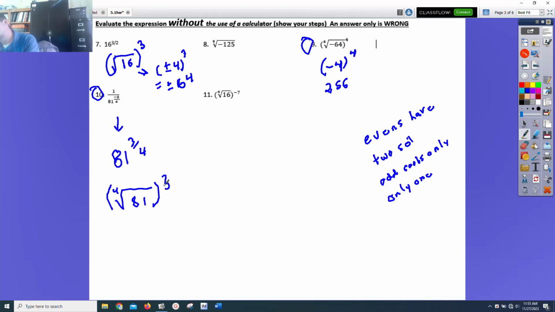Cube that. Because it's a lot easier to take the 4th root of 81 and then cube as opposed to taking the 4th root of 81 cubed. The 4th root of 81 would be a plus or a minus 3. Because 3 times 3 times 3 times 3 is 81. And then I cube it. This is annoying. 3 cubed is 27, so plus or minus 27.